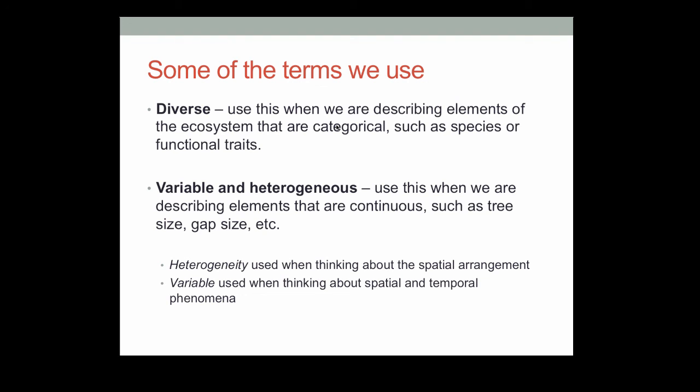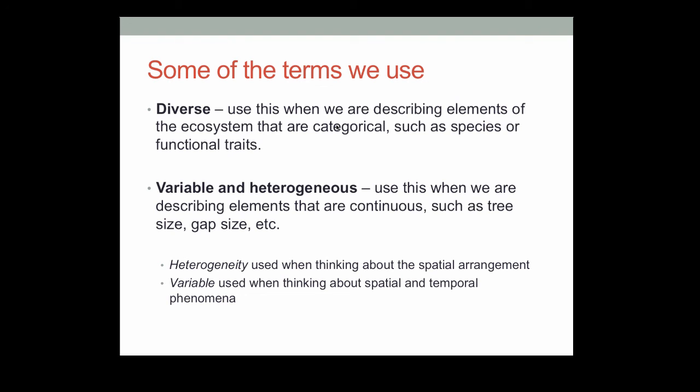And this is not only species or functional traits, but it could also be the ecosystem types or the genetic diversity. And if we have a lot of genetic diversity, then that may contribute to the complexity of the ecosystem. And it's one way we can think about how we describe complexity and how we start to think about quantifying complexity, which is going to be important when we think about how we're going to use this concept in a restoration perspective.